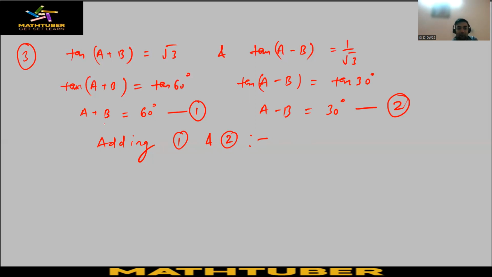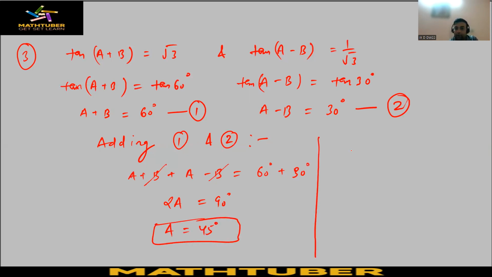So by adding them both, b will cancel out. So this will become a plus b plus a minus b is equal to 60 degree plus 30 degree. And b will get cancelled. You will get 2a is equal to 90 degree. A will be equal to 45 degree.